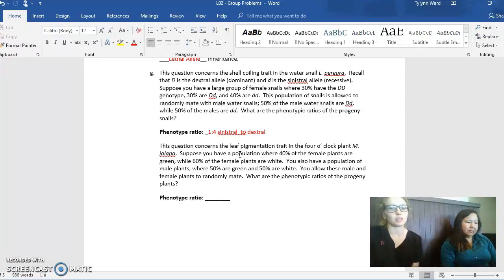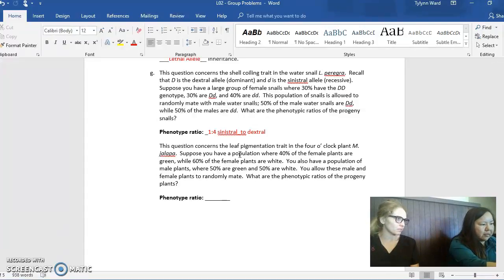Because I don't know which ones are dominant and what their genotypes are. Yeah, maybe the only one that is the white.